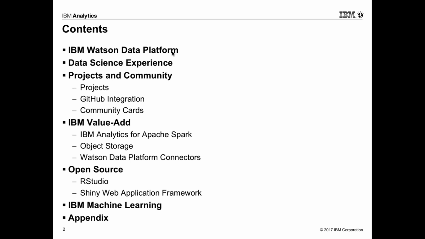And then it definitely supports RStudio, which is a very good tool to do visualizations using a line of code on a huge set of data. Then there is the Shiny web application framework. Shiny web apps are web APIs that could be used for web development. And then there's the IBM machine learning part to it.